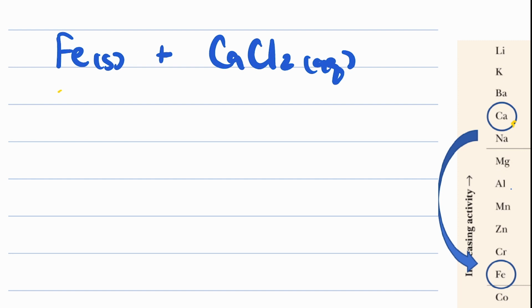So how do you know? The element that is by itself, the free state element right here, the elemental iron, would have to be more reactive than the metal in the compound. So for the reaction to take place, the one that is by itself will have to be more reactive than the one over here in the compound, so that it can take over.